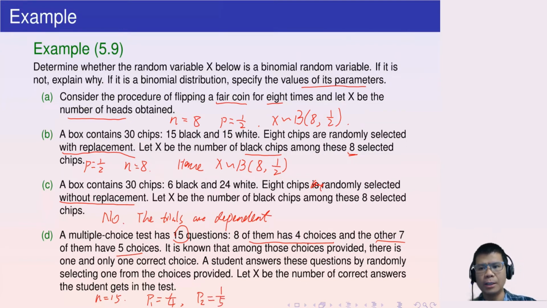Now you can see that the probabilities of success are not the same, right? 8 of them have probability of success 1/4, 7 of them have probability of success 1/5. So their probability of success among trials are different. So no, because the probabilities of success are different, not the same.